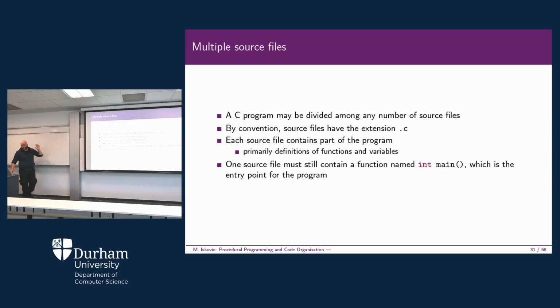Now, looking at how to deal with multiple source files. In principle, a C program can be divided among any number of source files, and by convention these source files have the extension .c.